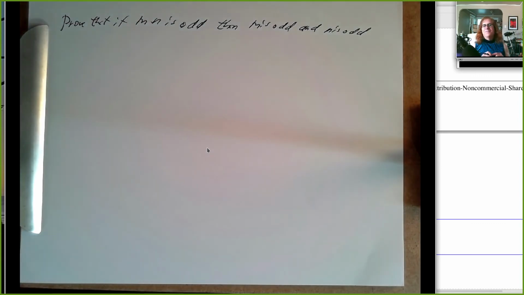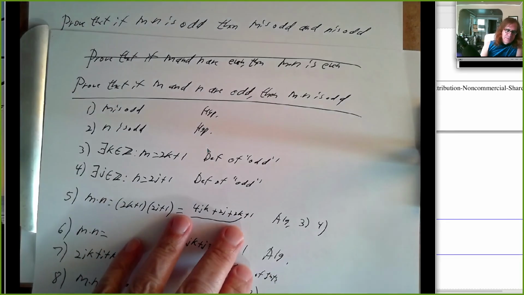Let's prove that if m times n is odd, then m is odd and n is odd. So if the product of two integers is odd, they must both be odd. And that's not what we proved here.